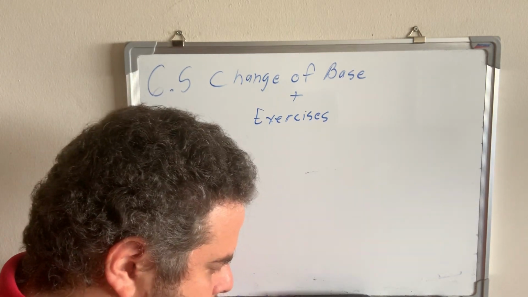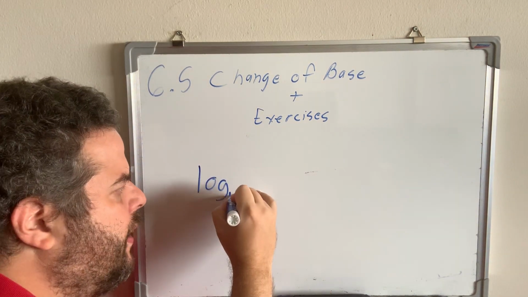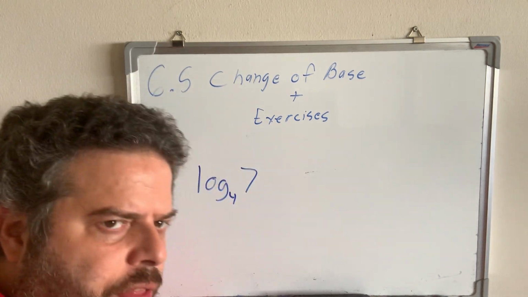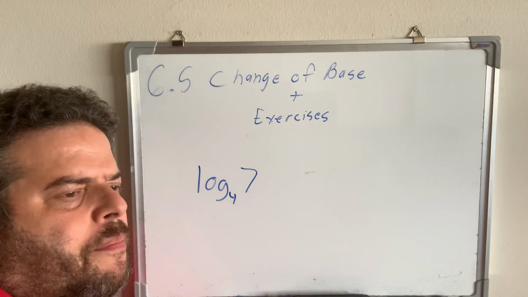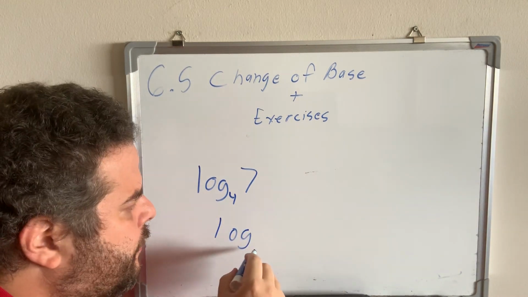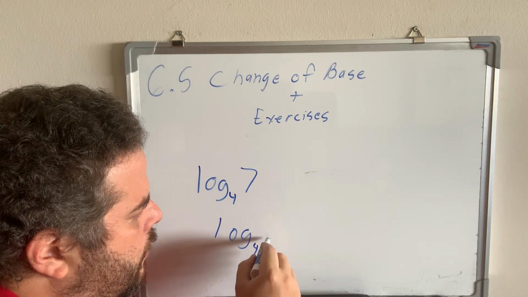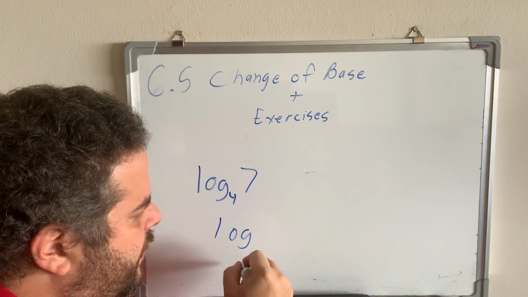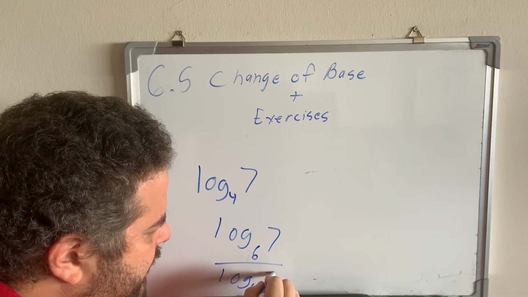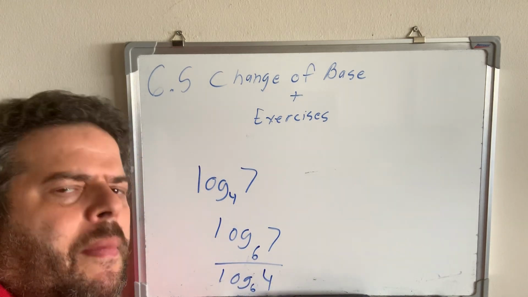For example, let's give you this example. If I have log base 4 of 7, I'm going to give you this one, which is 33. If they tell me change the base, if I change it to this, log base 6 of 7 over log base 6 of 4, I'm only complicating myself a bit.